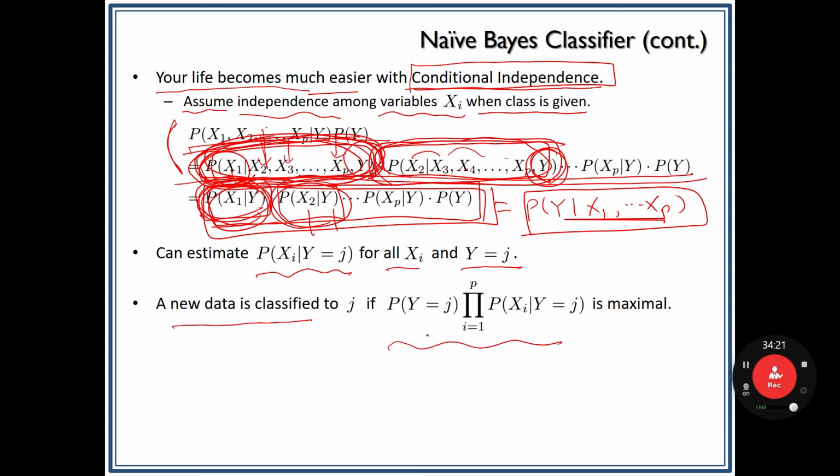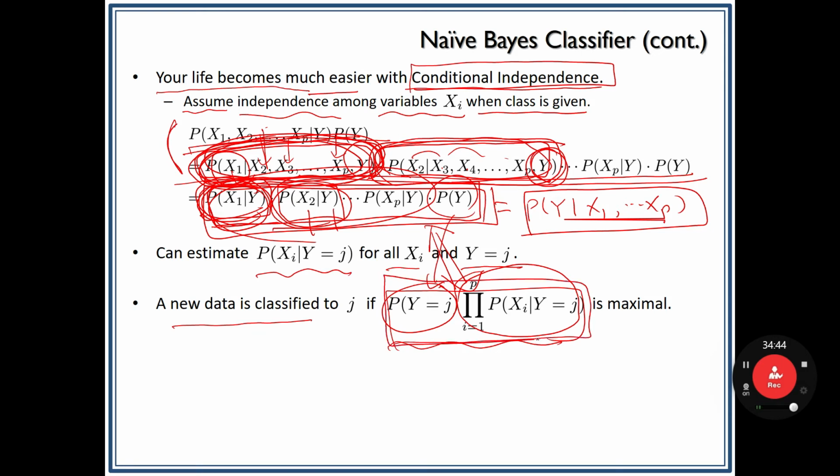Actually, this one is equivalent to this one. This part is this part. And the multiplication of conditional probabilities is expressed by the product of conditional probabilities. And we assign to the class which corresponds to the maximum value of this one.